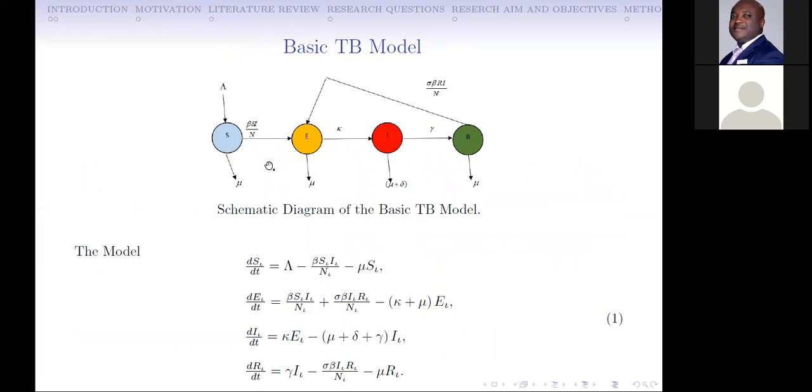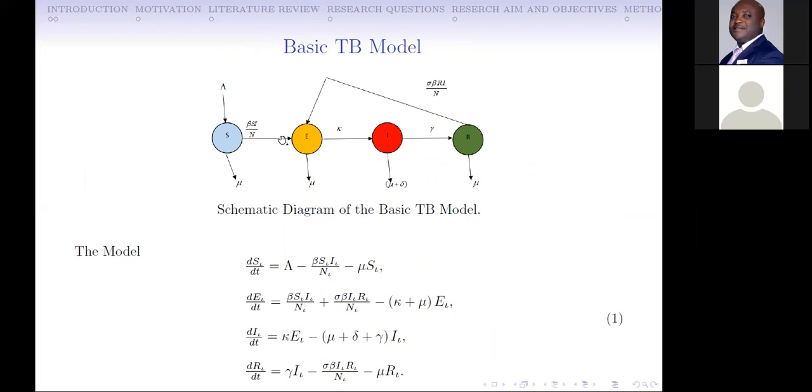This is our schematic diagram. S here represents the susceptible class. Then we have the transmission rate here, which is in the form of standard incidence.